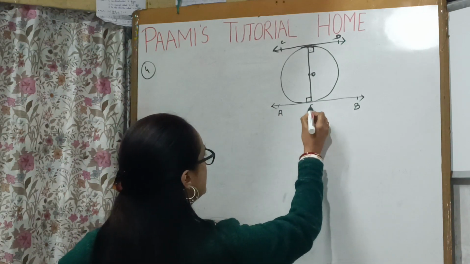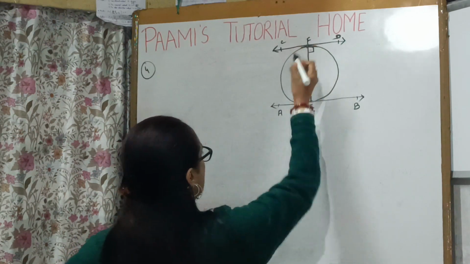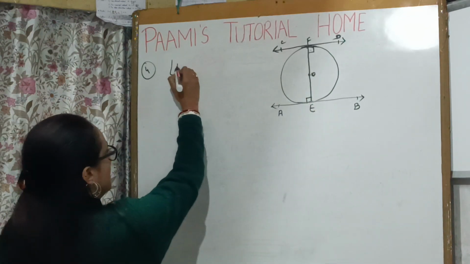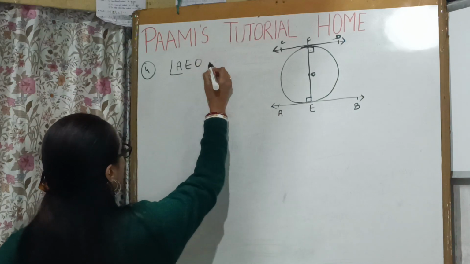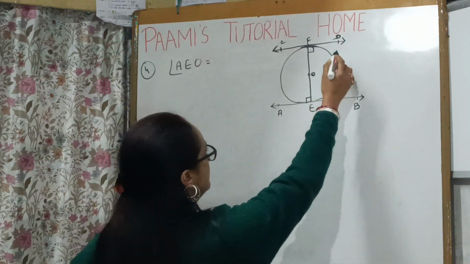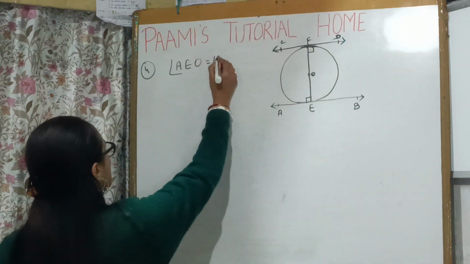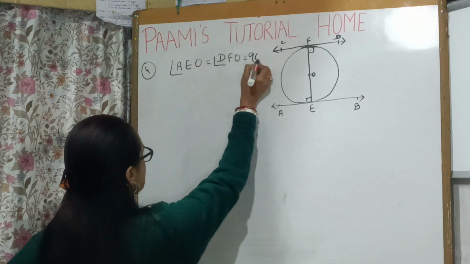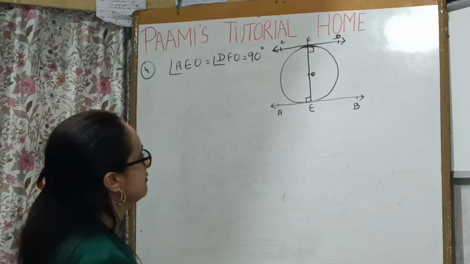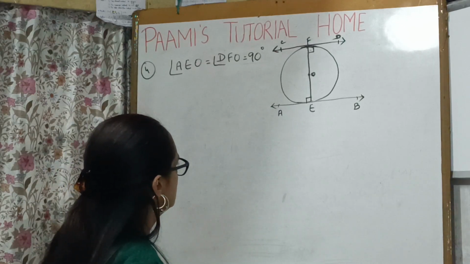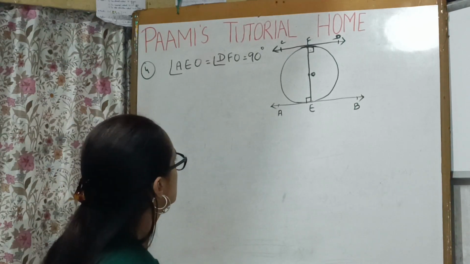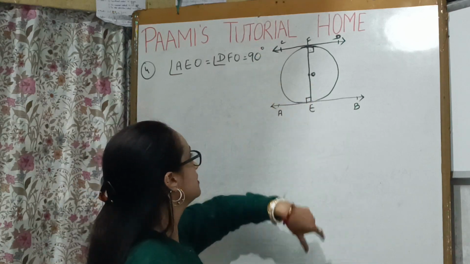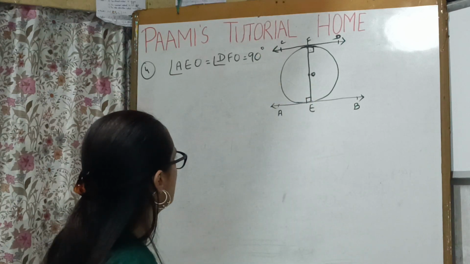Now look, let's write the angles here: B, C, D, E, F. Angle AEO is equal to angle DFO, equal to 90 degree. Okay, why is it 90 degree? Because this is the perpendicular, EF is perpendicular.